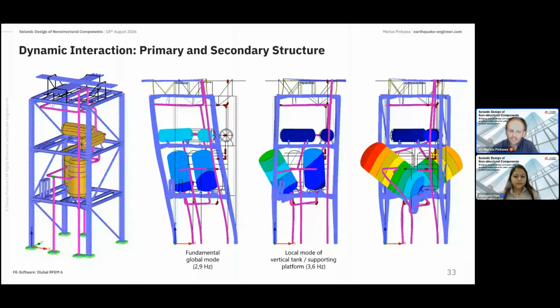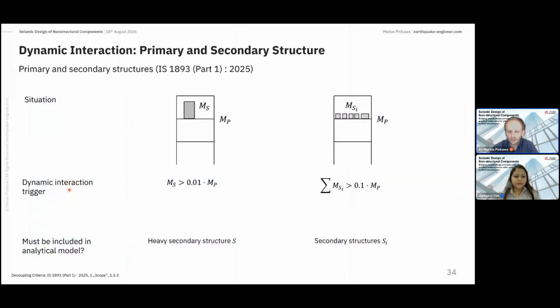And also seismic codes give guidance on how to decide if we need a coupled model or if we can apply the simplified formulas or a decoupled approach like the floor response spectrum approach. So the Indian code, for example, says if the mass of a secondary structure, a non-structural component, is more than 1% of the supporting floor, then you need to run a coupled model. So that means you need to include your non-structural component in the building model.